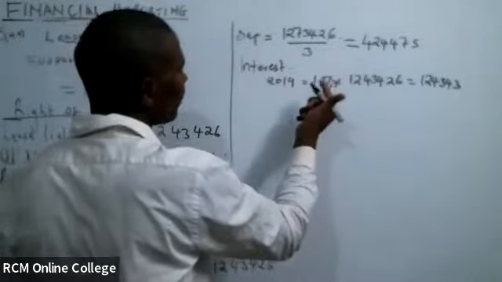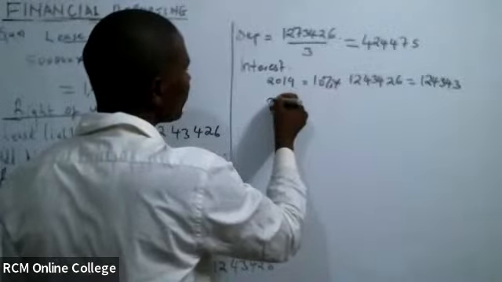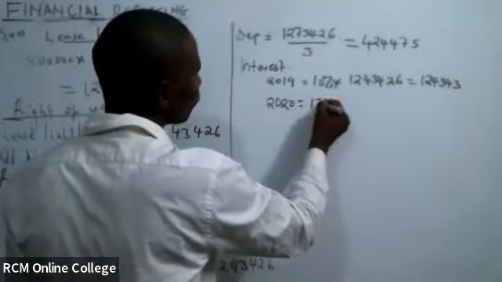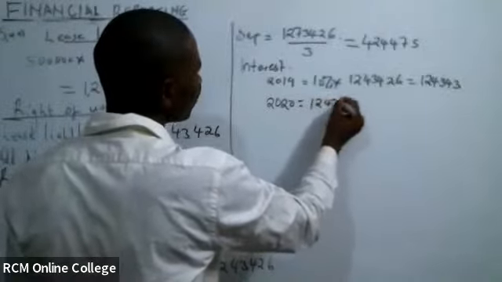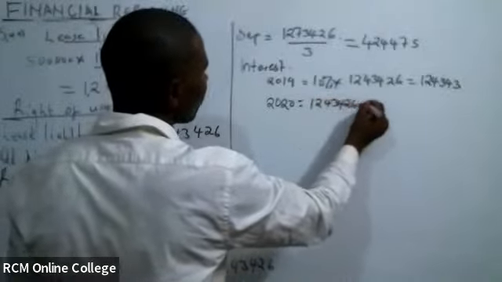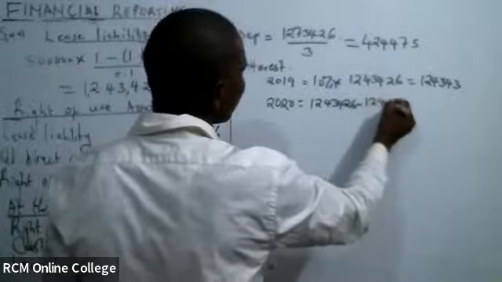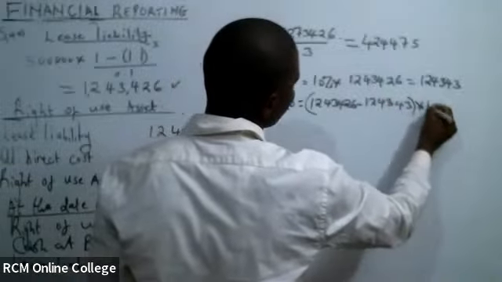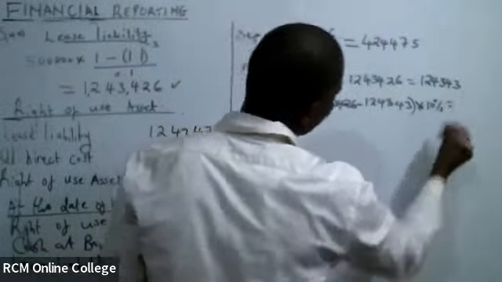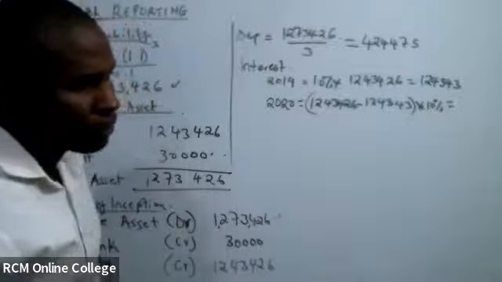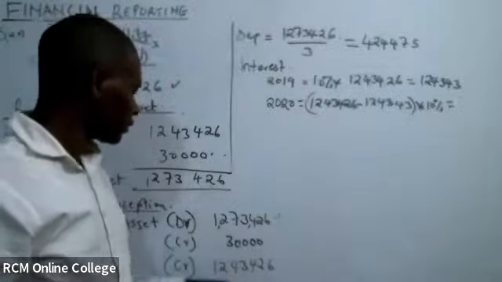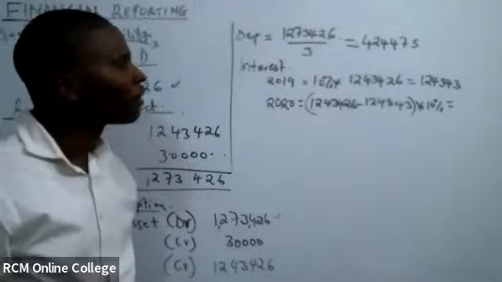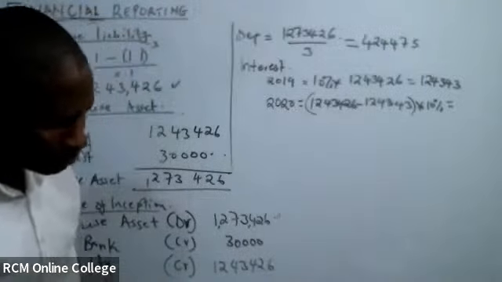So let's get the interest for 2020. Remember what we were doing? It is 12,434.26 minus 124,343, and then we look at 10% of that. This minus the interest, then 10%.